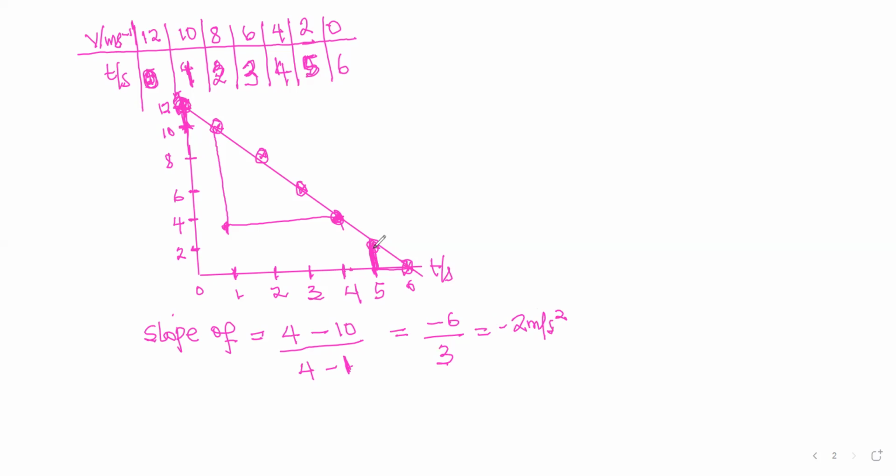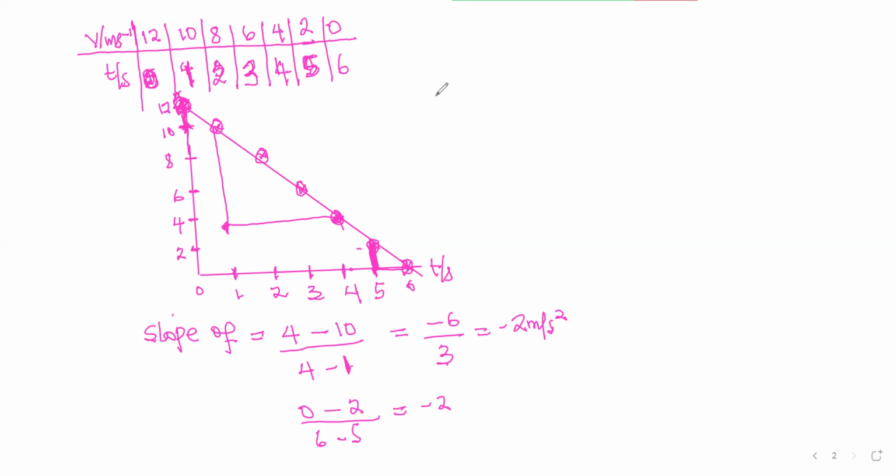If you pick this small one, the final is 0, so 0 minus 2 divided by 6 minus 5. The value is still the same, -2. So the slope is constant. The slope of a velocity time graph represents the acceleration, so we see the acceleration of this particular motion being negative.